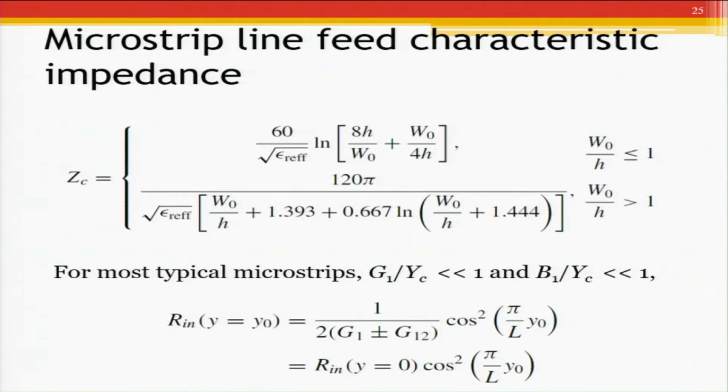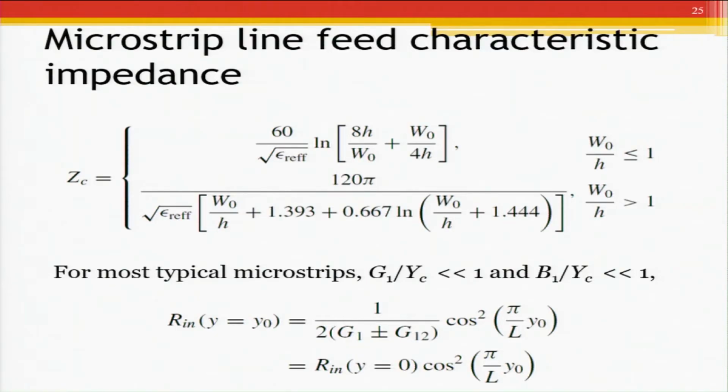For that, the microstrip line feed also has its own characteristic impedance. If you put the line feed and connect it to the patch antenna, you need to calculate the characteristic impedance, and there are two formulas here. One is used when the ratio W0 over h is less than or equal to 1, and the other when it is greater than 1. So what is W0? W0 is the width of your feed line.